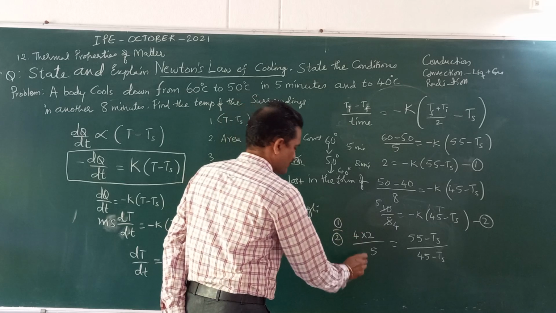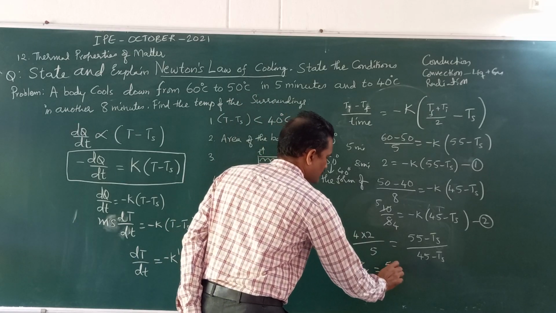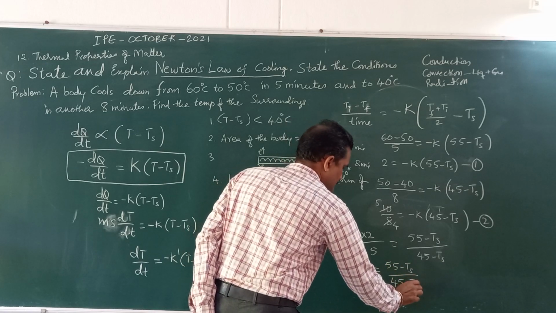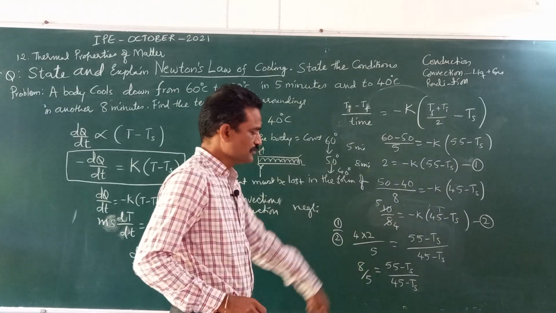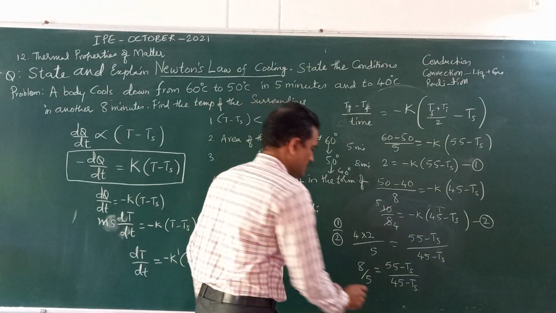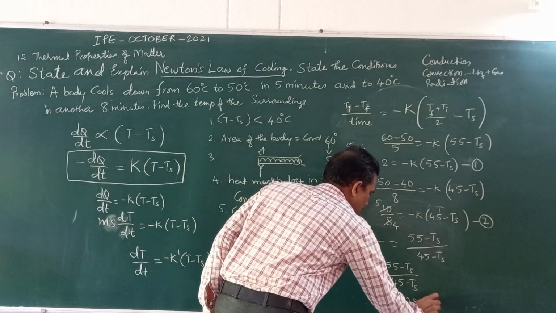So, this is 8 by 5. So, 8 by 5 is equal to 55 minus Ts by 45 minus Ts. So, you have to do cross multiplication. On solving, you will get the value of Ts as around 28.3 degrees Celsius. This you can do.